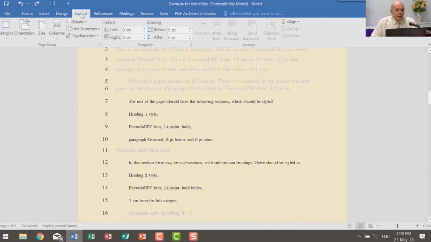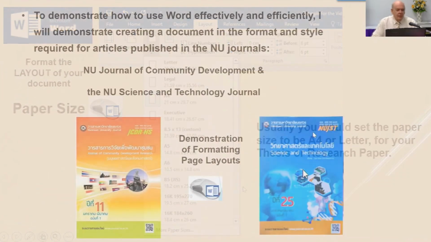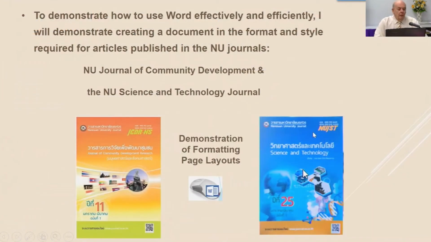And basically, that's it for layout. I won't talk about the rest of this here, because I'll talk about it particularly when I'm talking about fonts and paragraphs. So that's it for doing the layout of your page.